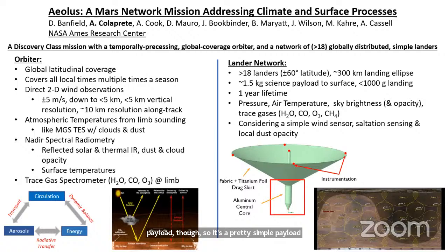We're talking about possibly including some simple wind sensing, possibly some simple saltation sensing, and a local dust opacity measurement, like a nephelometer, that could let us say something about wind stress thresholds for saltation and dust lifting. At the bottom, I've got a map of where you might distribute these and the current design of the probe, but that's in flux. That's it for me.